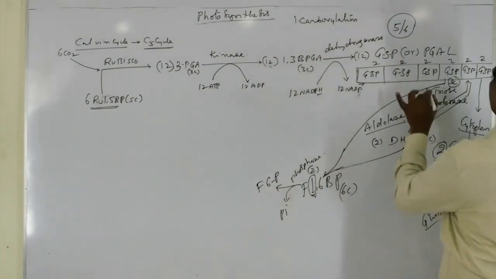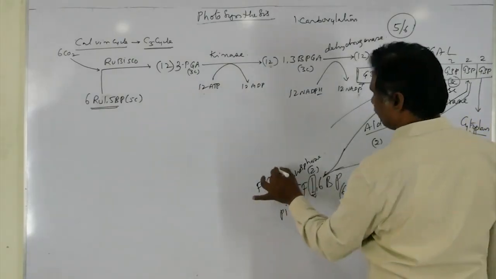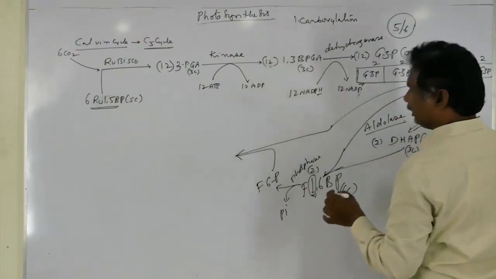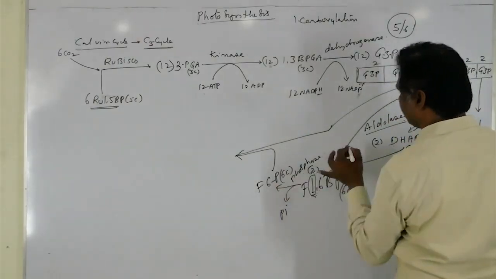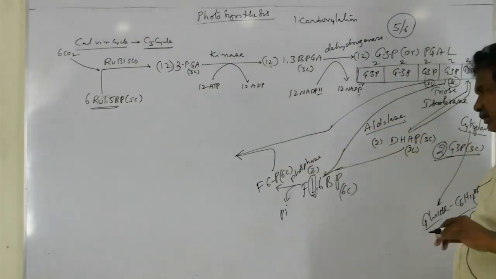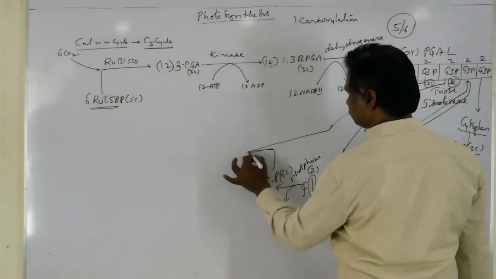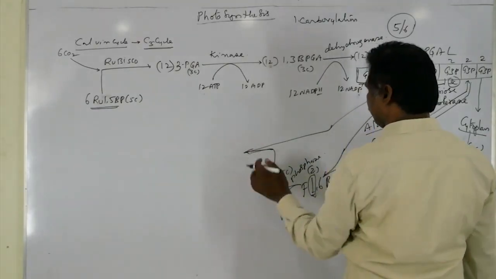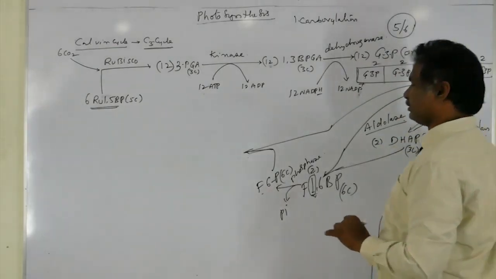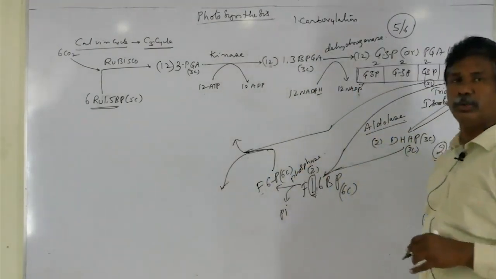Next, we come to G3P. Another 2 molecules of G3P are combined with fructose 6-phosphate. Here there are 6 carbons and there 3 carbons, so the total is 9 carbons. Fructose 6-phosphate combined with another G3P dissociates into 2 compounds.